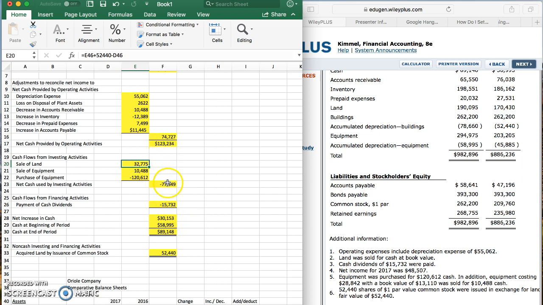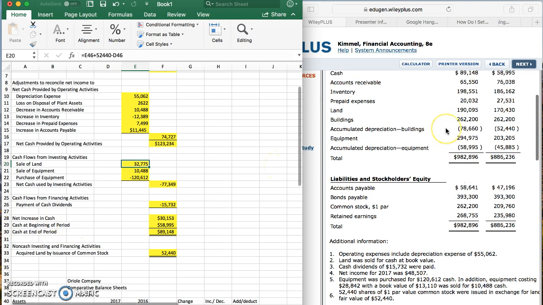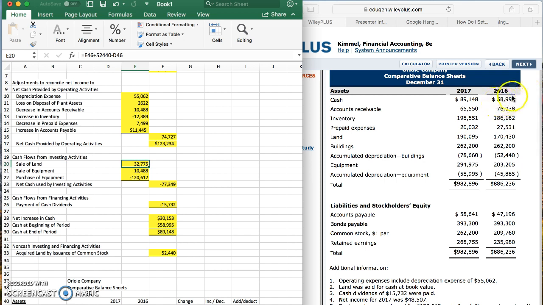If you add these 3 numbers together, we get a net increase of $30,153. Then we add to that the cash at the beginning of the period, which we determine from the value that we received from the problem for 2016, which is $58,995. And when we add those 2 numbers together, we get the cash at the end of the period, which is $89,148.